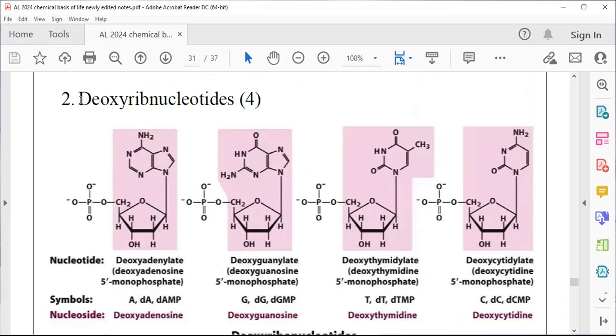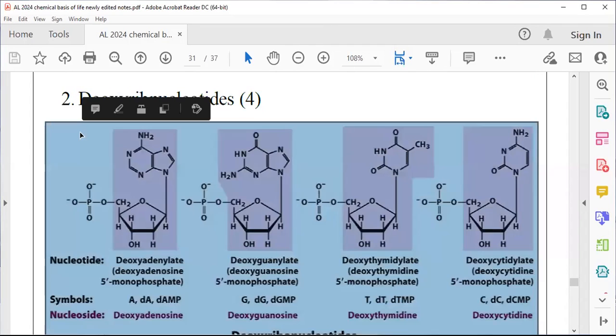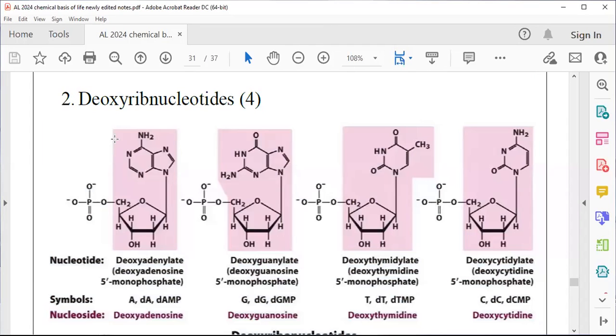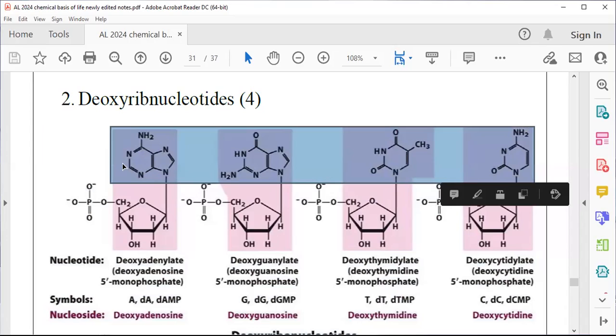Similarly, deoxyribonucleotides are how many? 4 types. They also differ from each other in which feature? The nitrogen bases. What are the nitrogen bases possible?